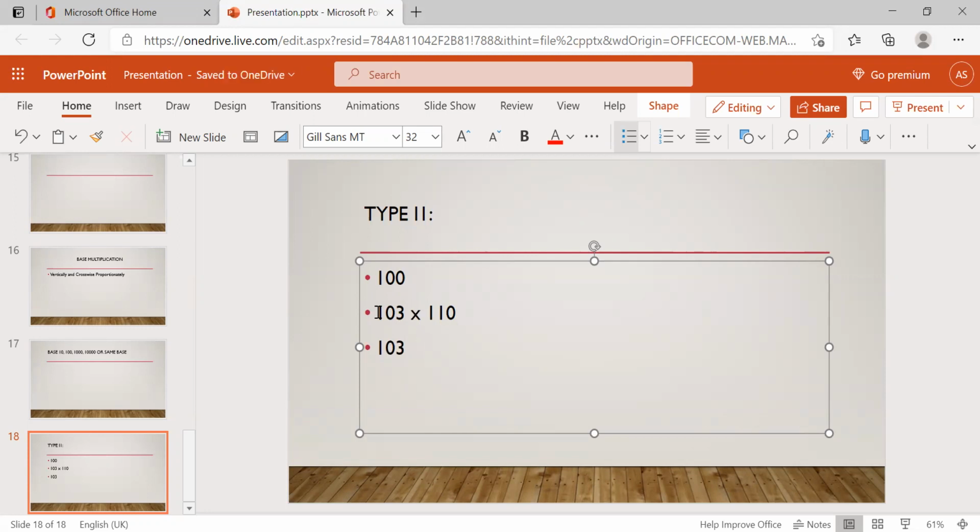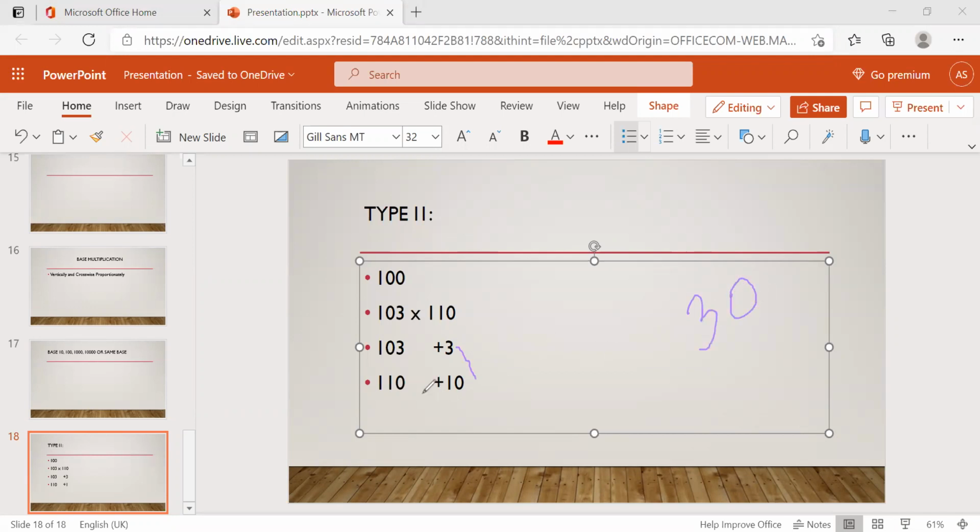What is this? More than the base value. That means plus 3. Plus 3. Now 110, plus 10. 10 is more, right? Now vertical calculation. This is 3 into 10, 30.